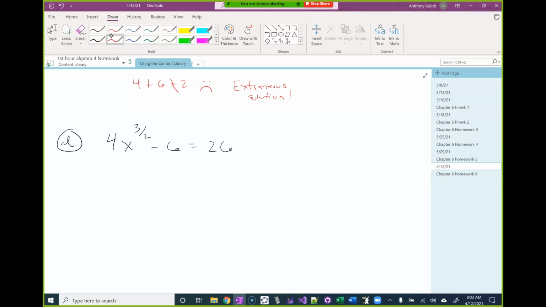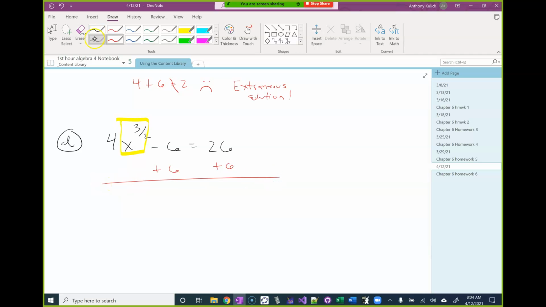So what I would do is we're still going to treat this the same way. I'm going to start by isolating the radical. In this case, the radical is written as a fractional exponent rather than a radical, but we know they're still kind of the same thing, so we're still going to take the same approach.